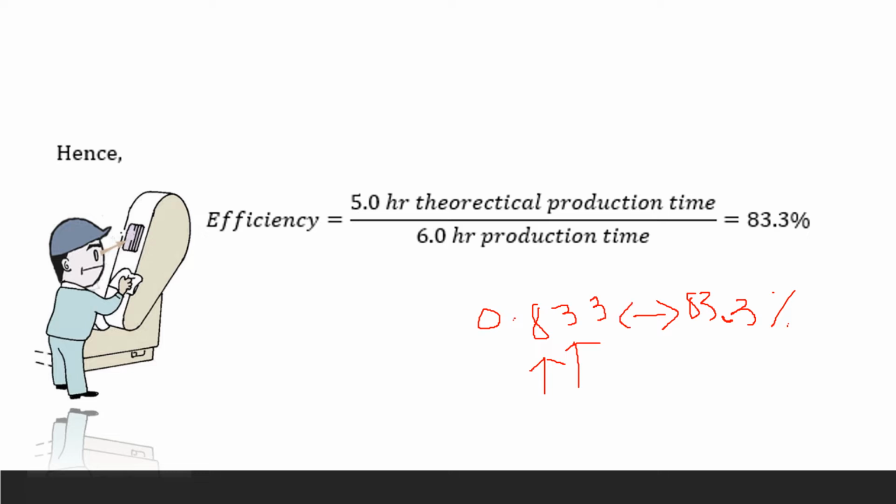If you see 83.3%, that is 0.833. If you see 0.833, you already know you have to cut it right after the second decimal place and put your decimal right there. So the decimal jumps two places. Make sure you get this forward and backward. Okay, so that's for efficiency.